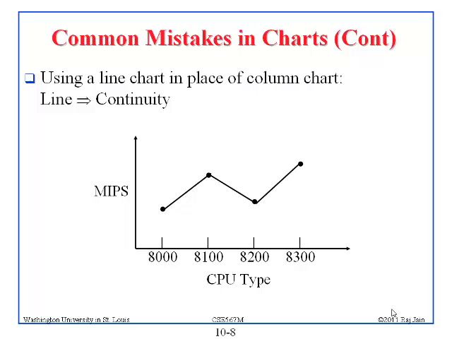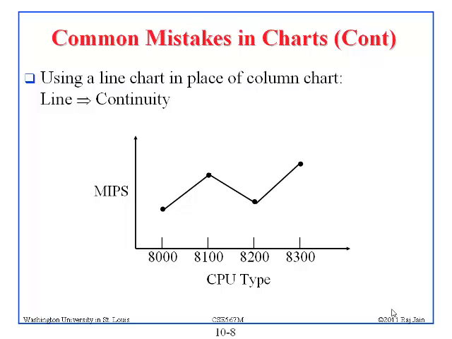So for qualitative variables you cannot use a continuous chart like this, because this one says that 8000 has this performance and 8100 has this performance, and if you had 8050, which I don't know is there or not, you will have this performance, which is not true, right? So you really need only 4 points to show and not these lines connecting intermediate points which are not there. So this line should not be there.